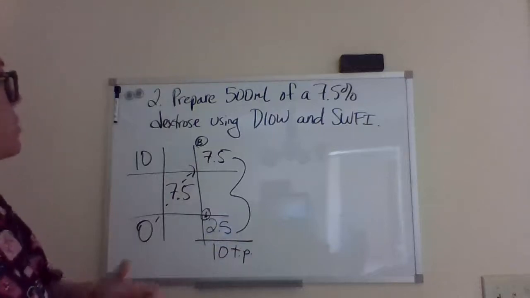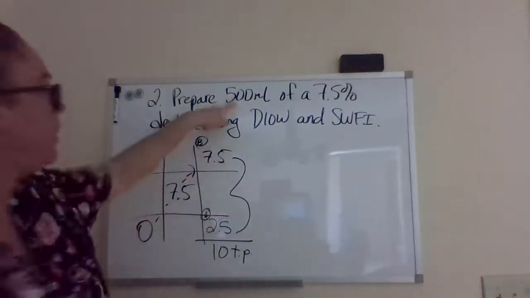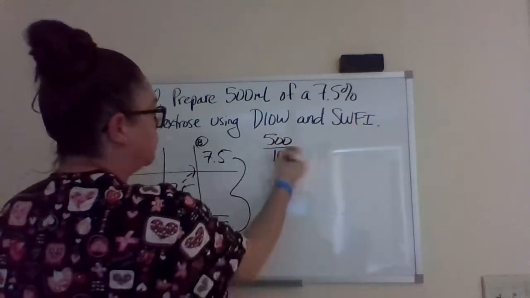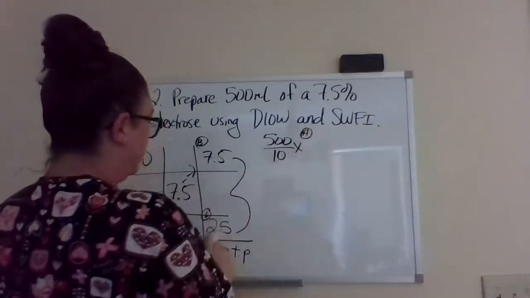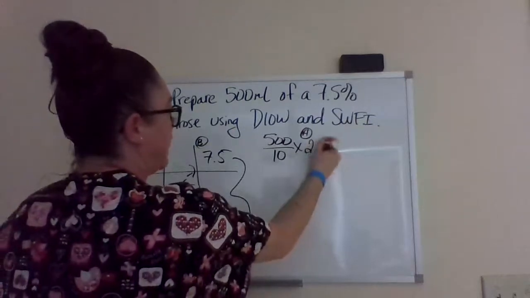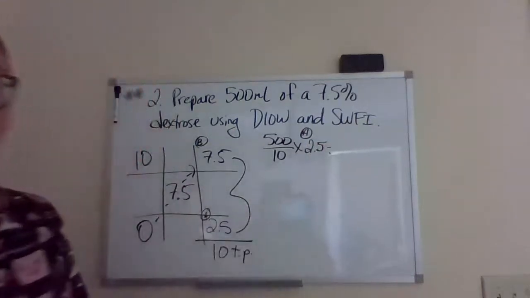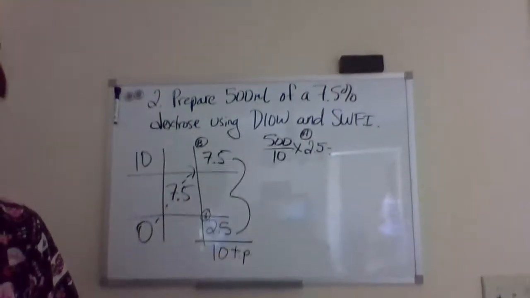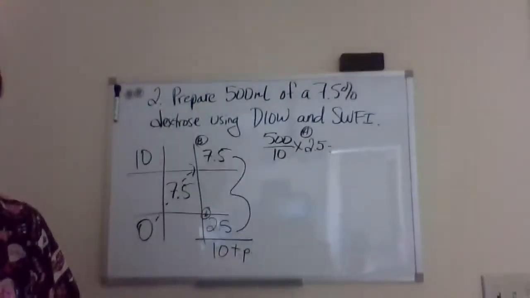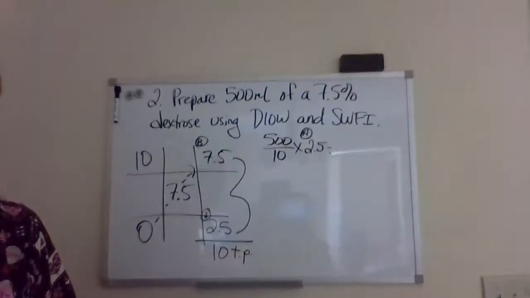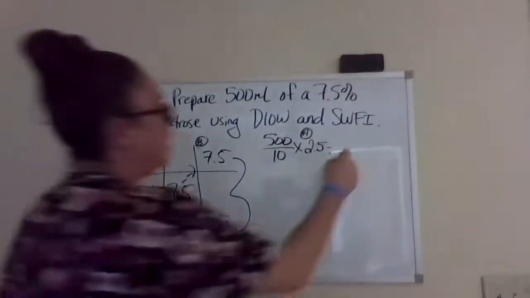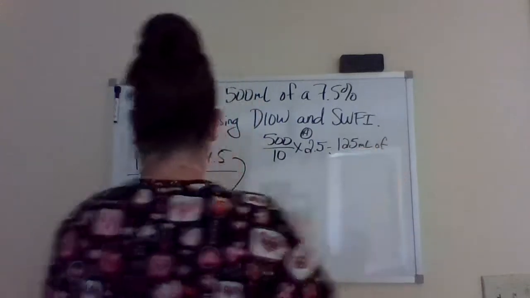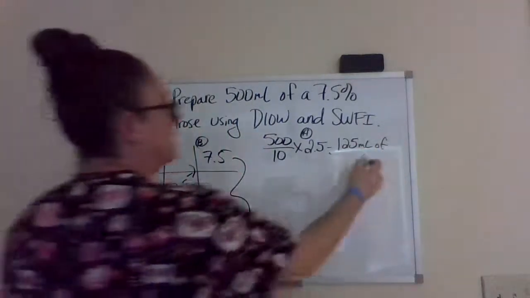Okay, so now my total quantity. I'm preparing 500 mLs over my 10 total parts times A, which is 2.5 in the A spot. So 500 divided by 10 times 2.5, and I get 125 mLs of, remember, straight across, 0%.